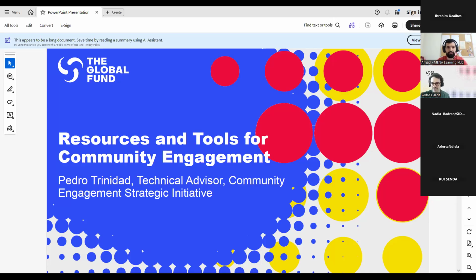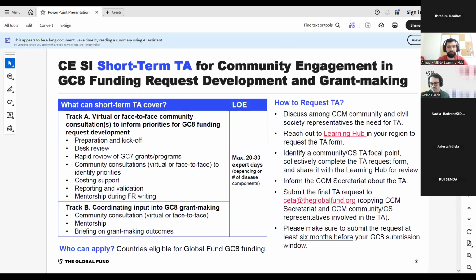So we've heard different examples of the key importance of community engagement throughout this morning's webinar. So in terms of what the strategic initiative can support and is supporting already, we have what we call short-term TA, which is a mechanism that allows us to deploy around 20 to 30 expert days, depending on the country and on how many Global Fund grants there are in the country.